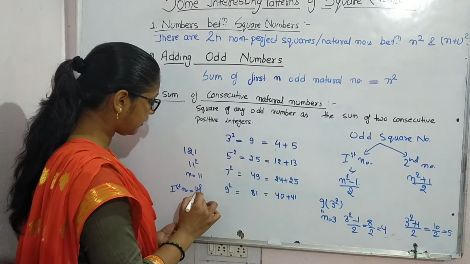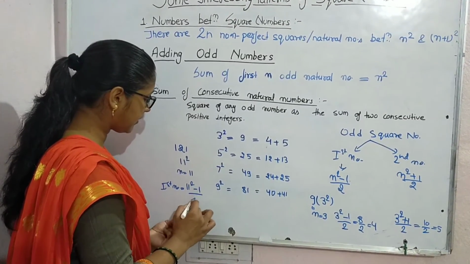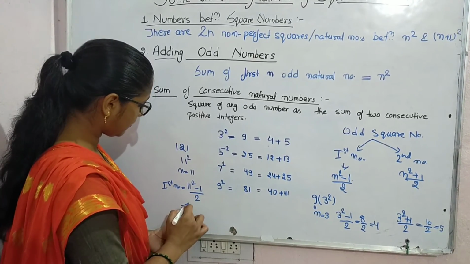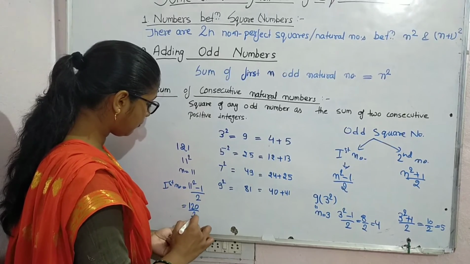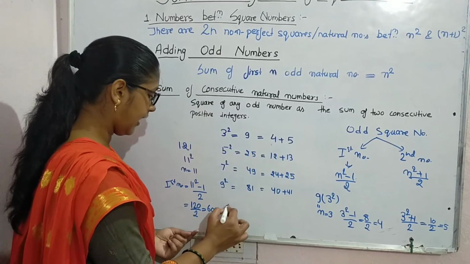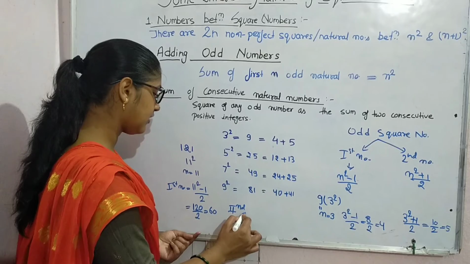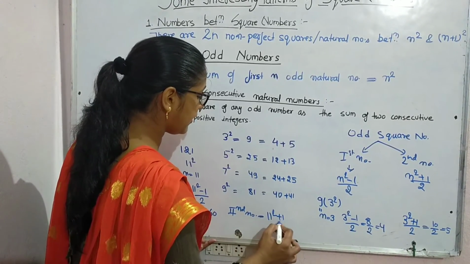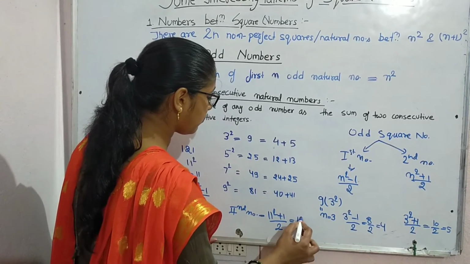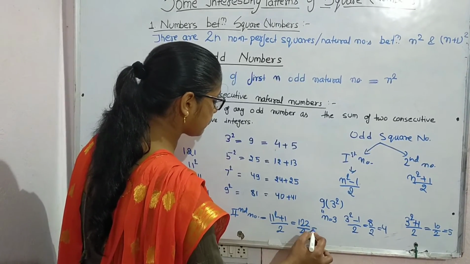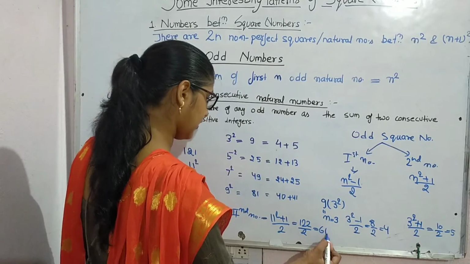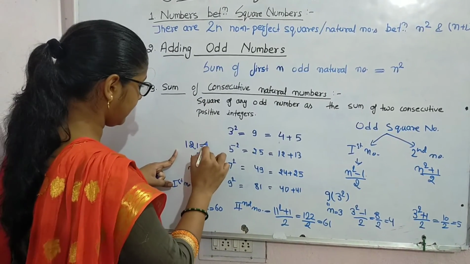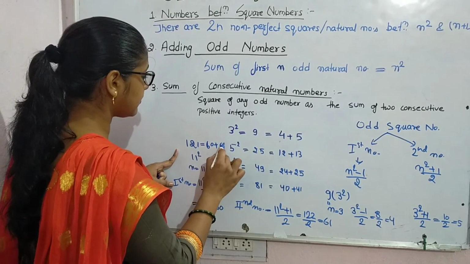So we can write it here, (11 square minus 1) by 2 equal to (121 minus 1) is 120 by 2 equal to 60. And the second number equal to (11 square plus 1) by 2. So 122 by 2 is equal to 61. So we can say that 121 is the sum of 60 plus 61.